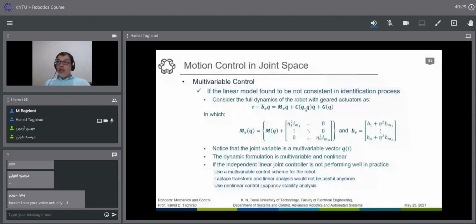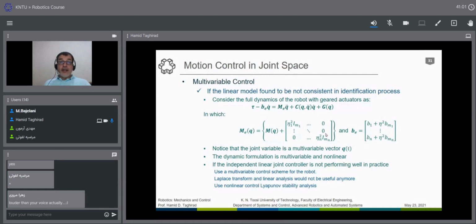Note that since we have nonlinear control, you cannot use the simple Laplace transform. You know that the Laplace transform and Fourier transform are defined for linear time invariant systems, and these are useless. So the s terms are just gone, and we should talk about everything in the time domain with differential equations.